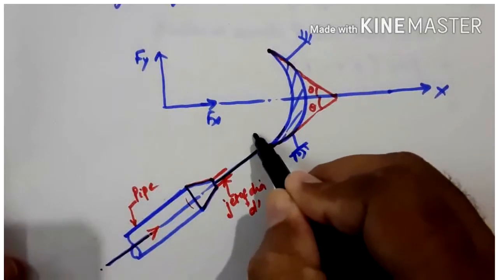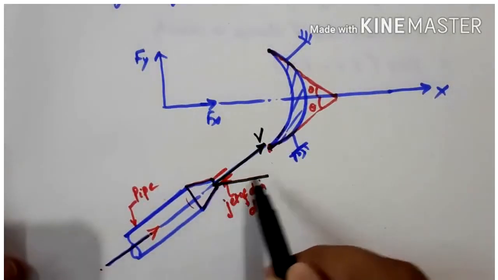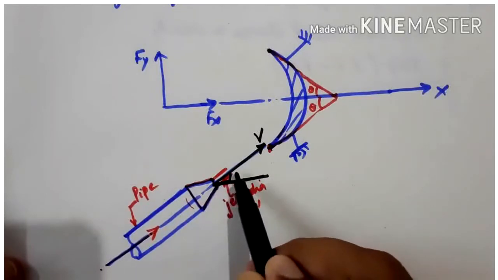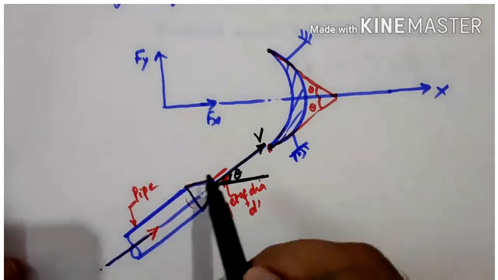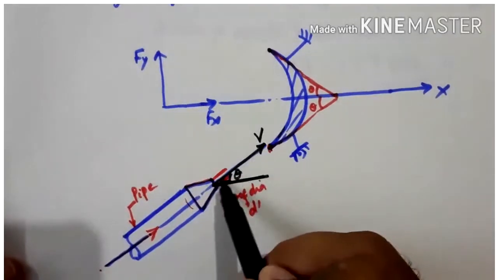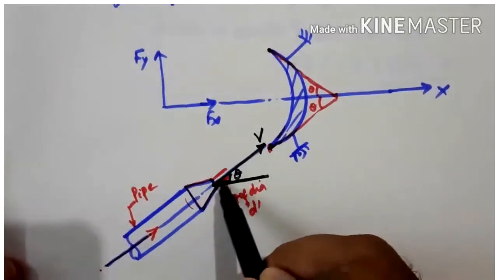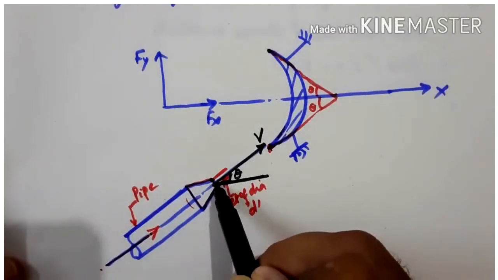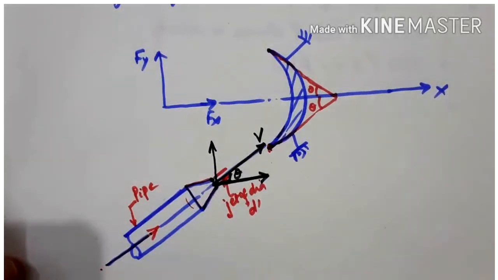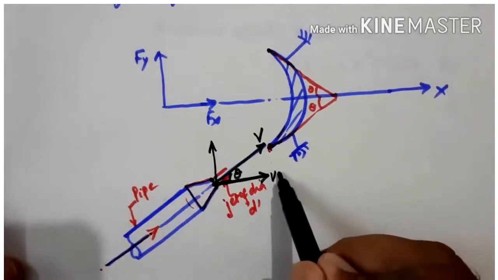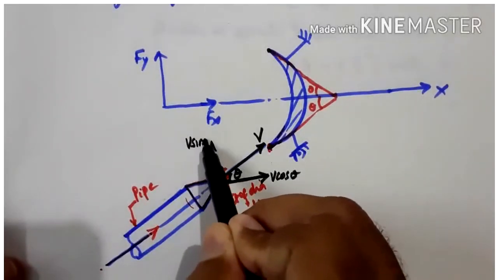If I draw it horizontal here, it makes an angle of theta. When I resolve this velocity v into two components, one component is v cos theta, and the other is v sin theta.